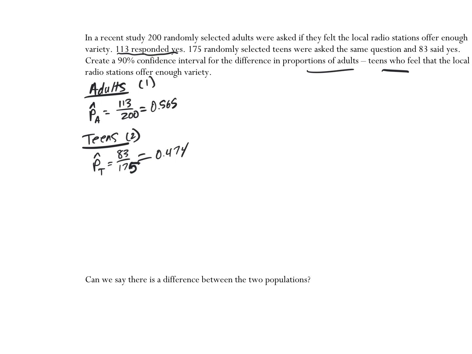So 90% confidence interval. If I'm drawing a picture for a 90% confidence interval, anything for proportions means my sampling distribution will be a z distribution automatically, okay? And 90% puts me at 0.9 in the middle.